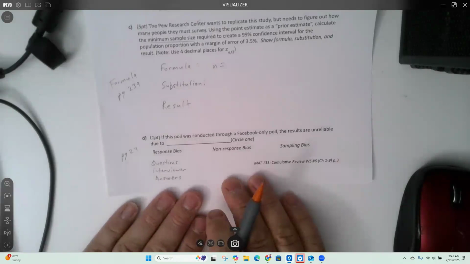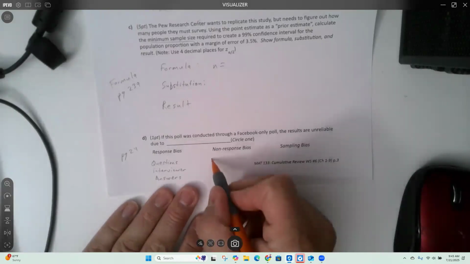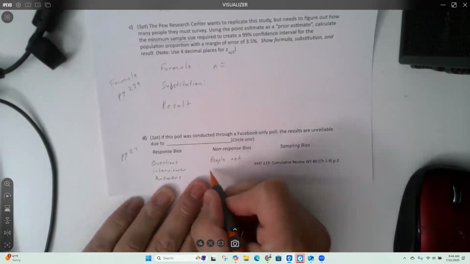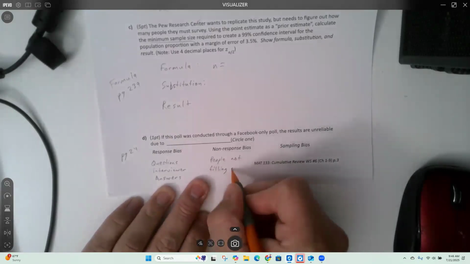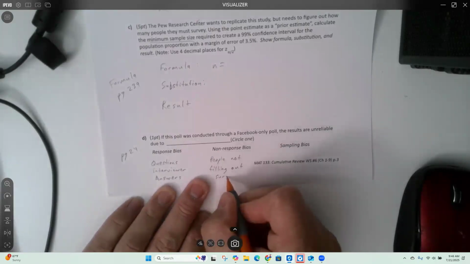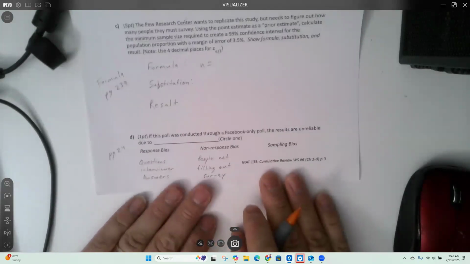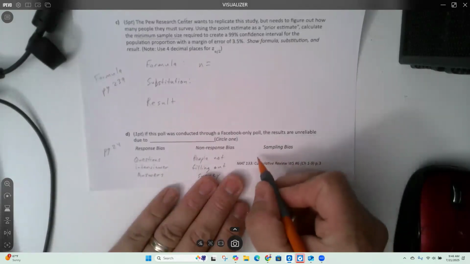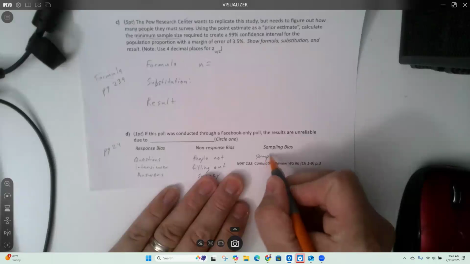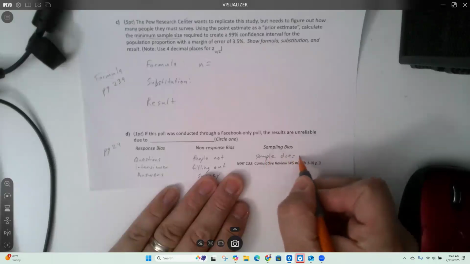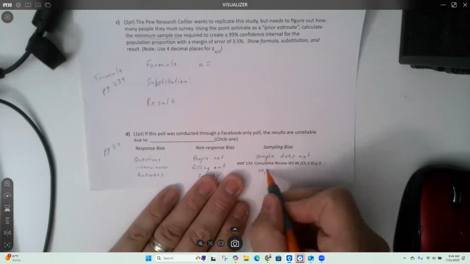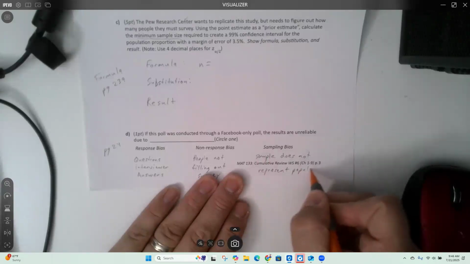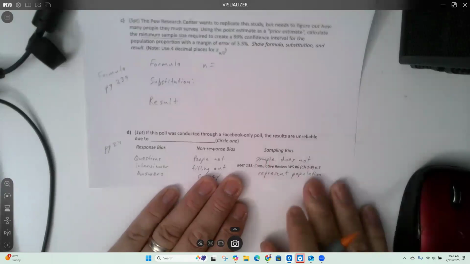Non-response bias is where people don't fill out the survey. And then sampling bias is where the sample does not represent the population. So which one is happening here?